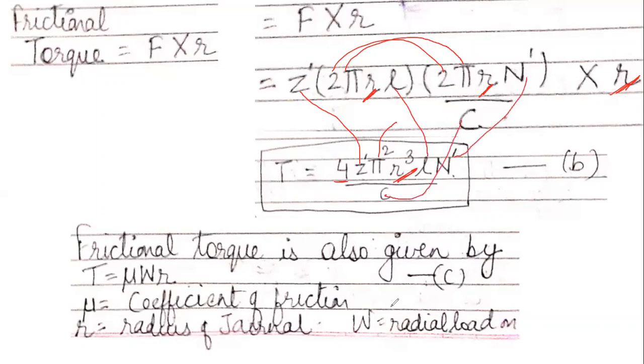So I've opened the brackets and simplified the equation. So equation number B becomes 4z dash pi square r cube l n dash upon c.